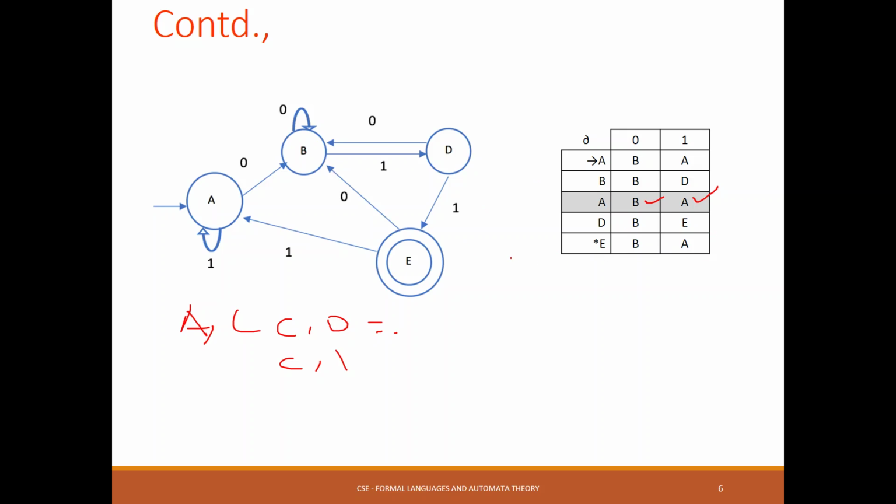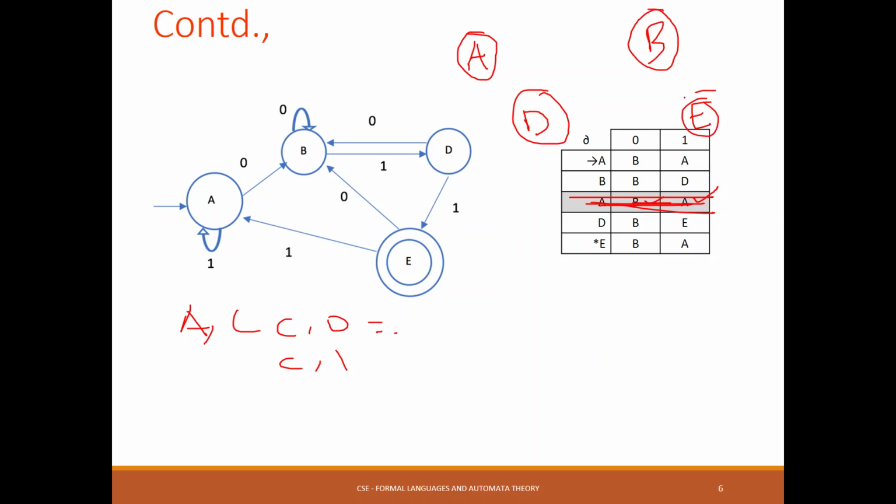Now we need to skip this state, since a and c are equal, and we draw the diagram again. That is, a goes to b, and instead of c we have marked it as a, since they are equal, so we should not write c here, and then d and e.